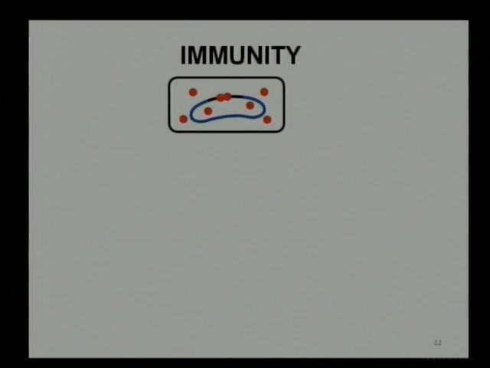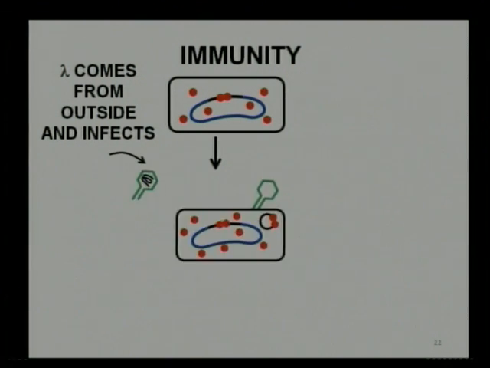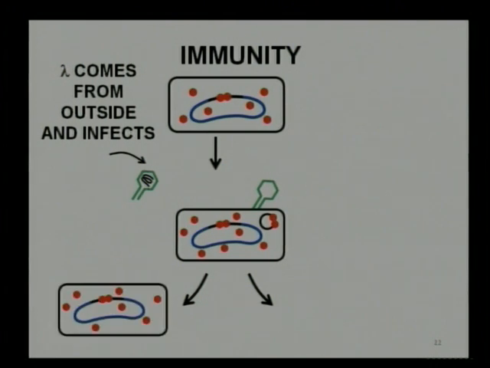As you can see on the screen, this is the structure of the prophage. If another lambda phage comes from outside, it is not capable of causing any infection to the already infected host cell. Meaning, if one bacterium cell is already infected with lambda phage, then another similar lambda phage cannot infect the same host and cannot replicate.